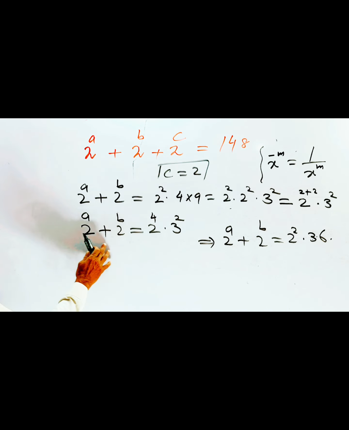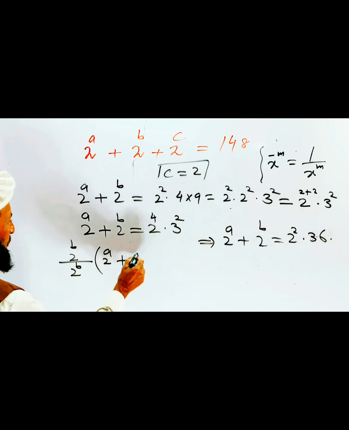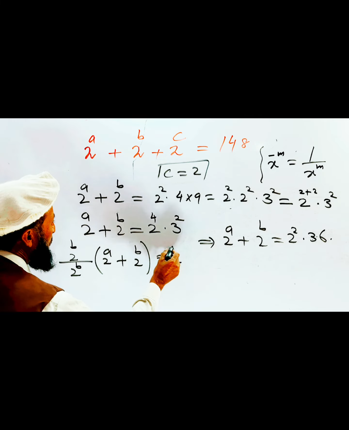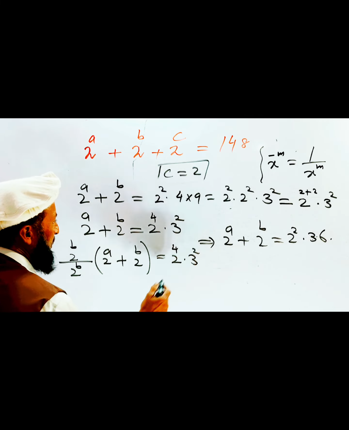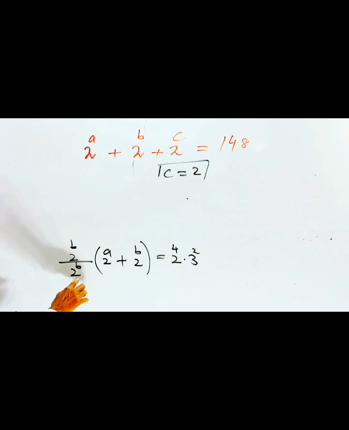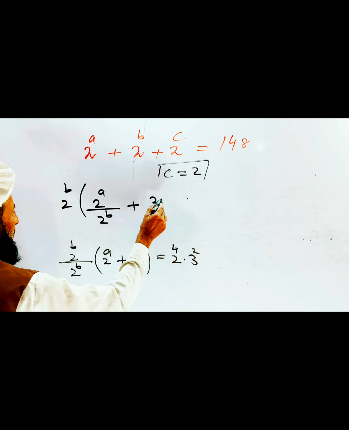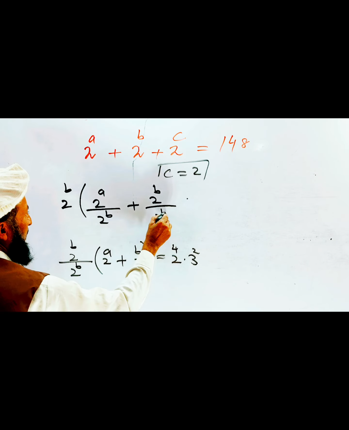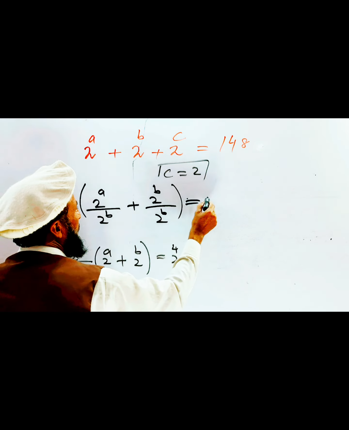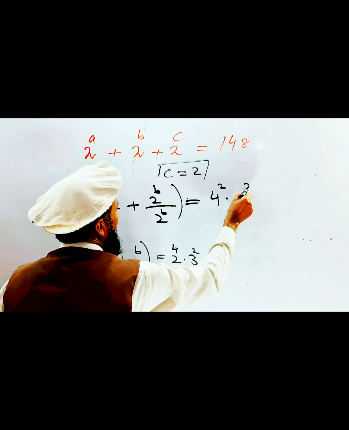If we divide the left side term by 2^b, 2^a plus 2^b divided by 2^b is equal to 2^4 and 3 square. Divide each term in the bracket: 2^b into 2^a divided by 2^b plus 2^b divided by 2^b is equal to 2^4 into 3 square.